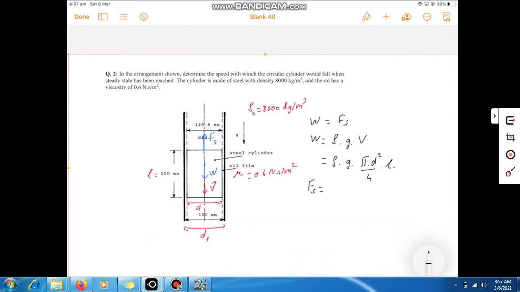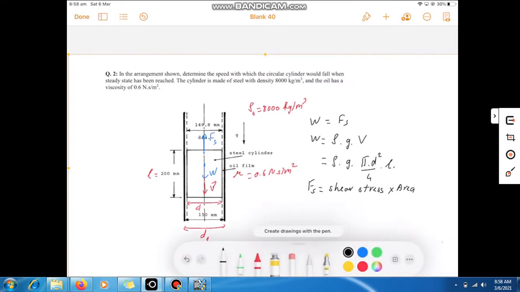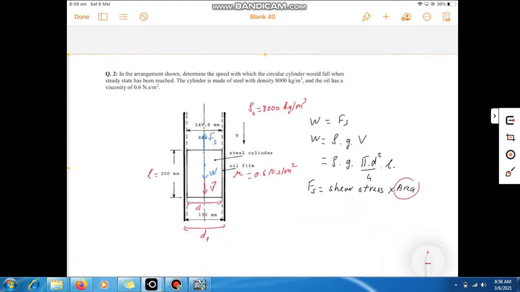So the shear force. In tutorial one and in lecture one, you know that the shear force is equal to shear stress times area. The area in this case is the contact area between the cylinder and the oil.